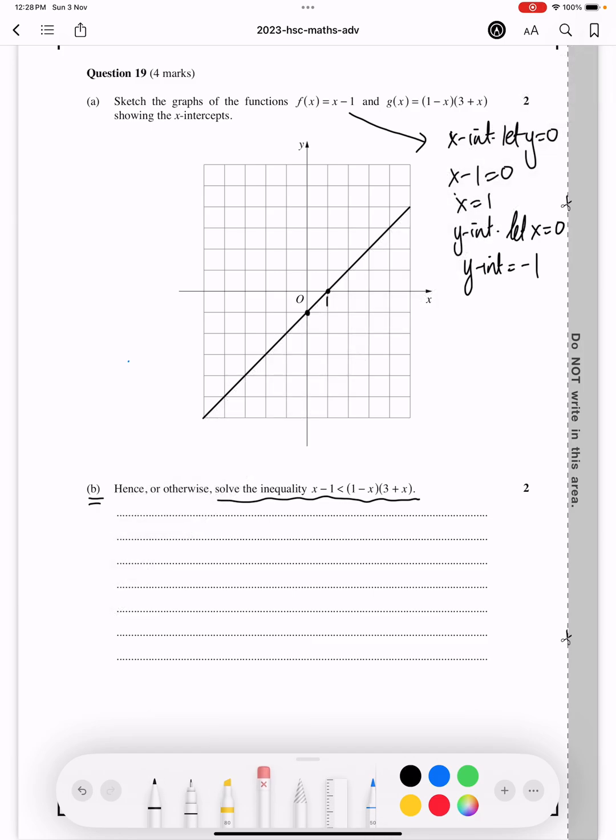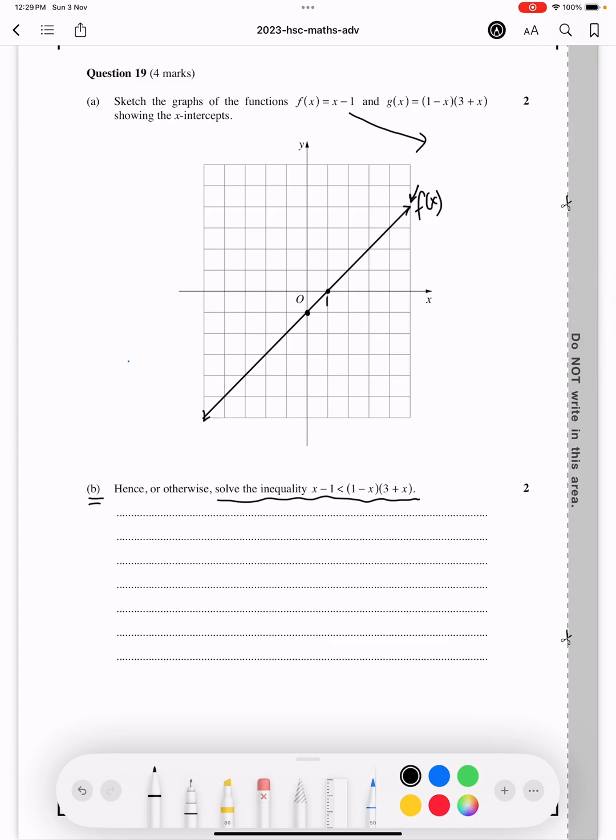So let's mark this as f of x equals x minus 1.